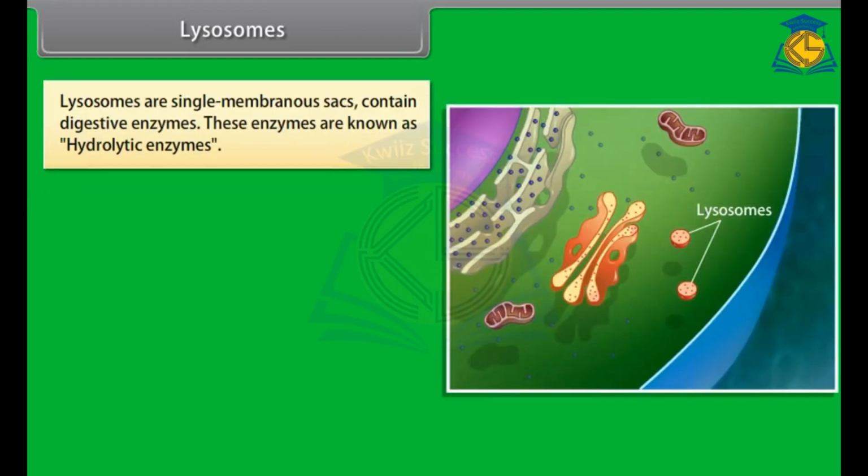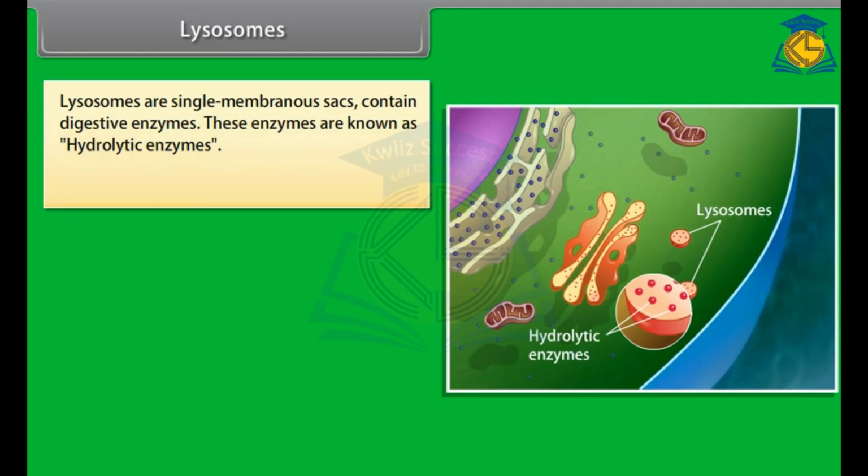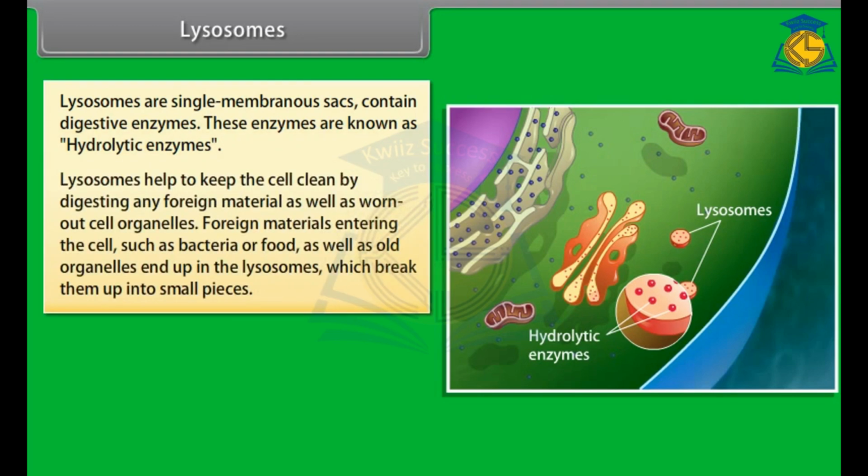Lysosomes. Lysosomes are single membranous sacs containing digestive enzymes. These enzymes are known as hydrolytic enzymes. Lysosomes help to keep the cell clean by digesting any foreign material as well as worn-out cell organelles.